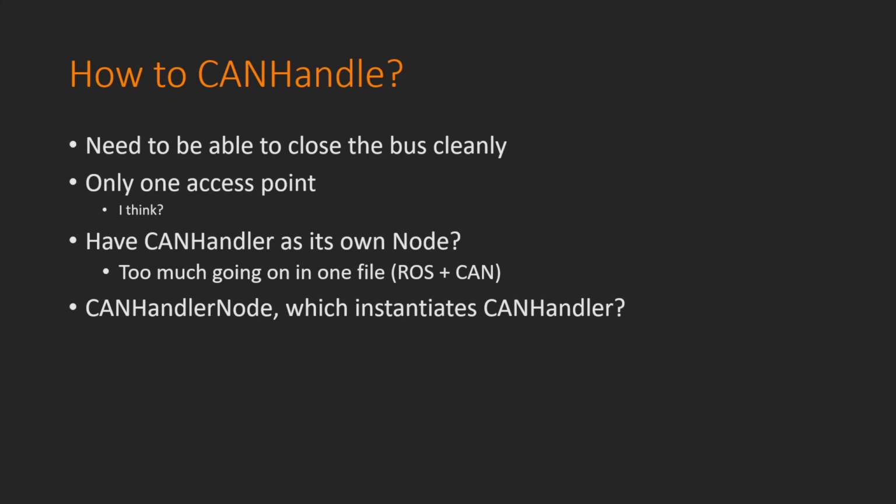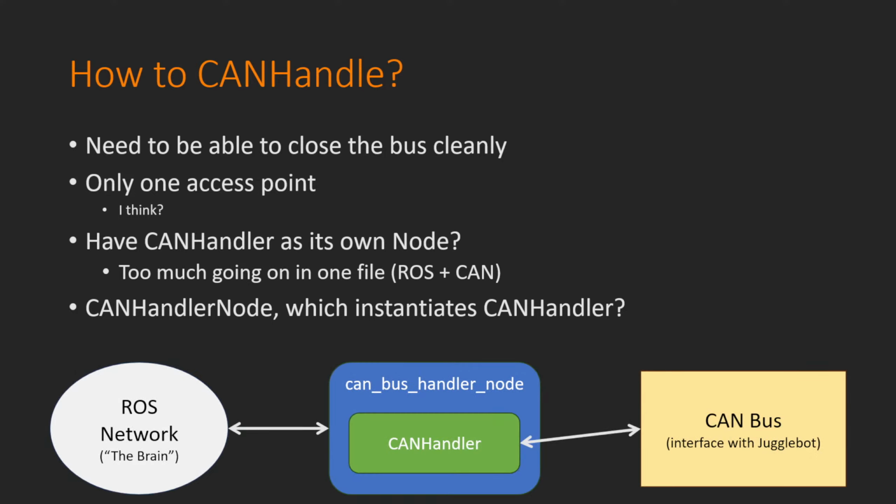So what I have done instead is I've made a CanHandler node, which instantiates the CanHandler class. And that looks like this. So we've got the ROS network over on the left, and that's everything that we saw before. All of that stuff that we saw in the map before is in there. And then that communicates with the CAN bus handler node, which is a bit of a clunky name, but I guess it works.